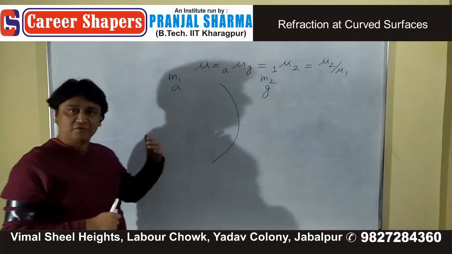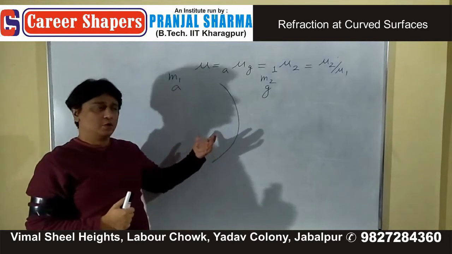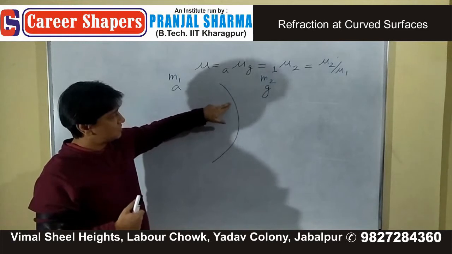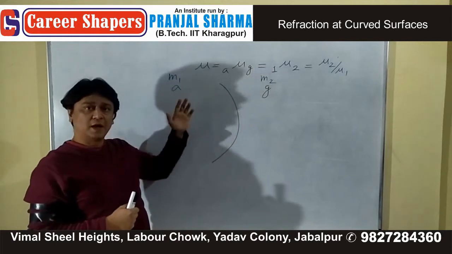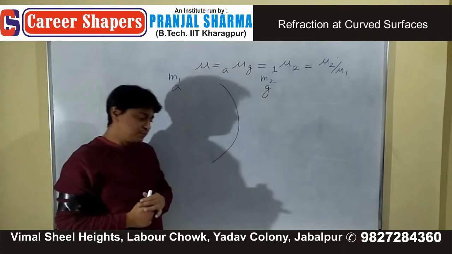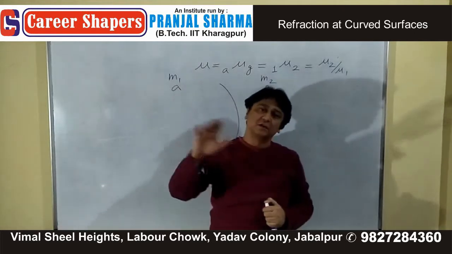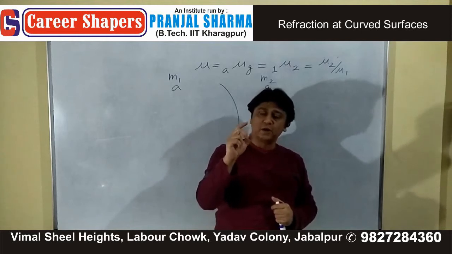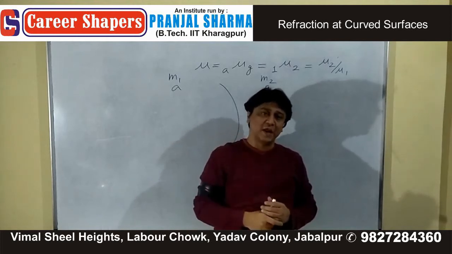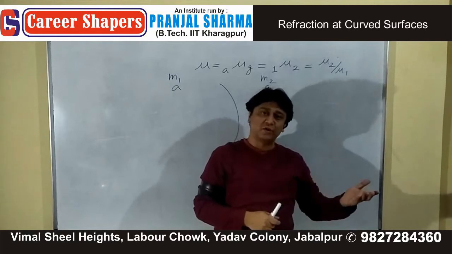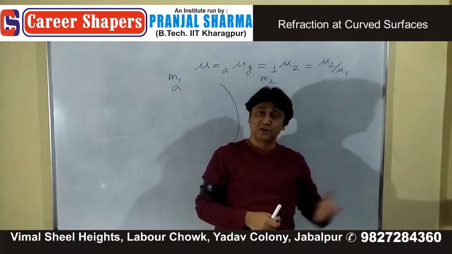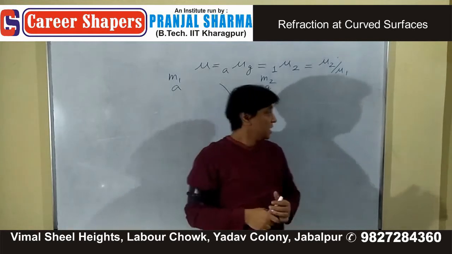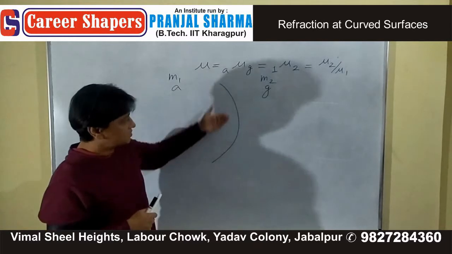Now, just like reflection, you can consider a very small portion of the curved surface like a flat or plane surface. In reflection at curved surfaces, I had told you that for a very small portion of the mirror, it just behaves as if it's a plane mirror. And then we use the concept of reflection at plane surfaces, which is simply angle I is equal to angle R. In here, it's a curved surface.